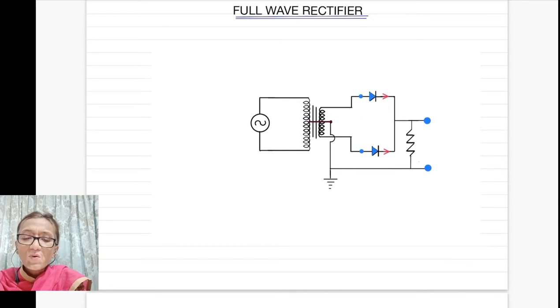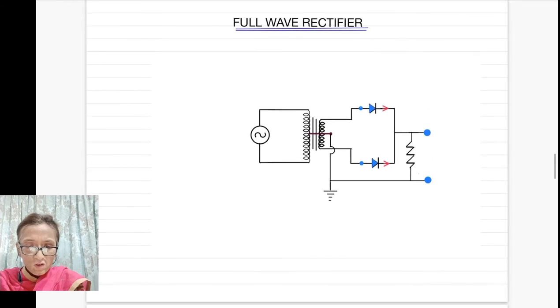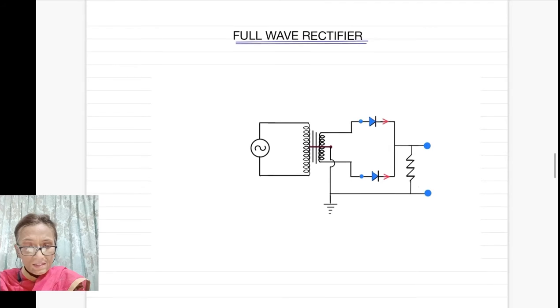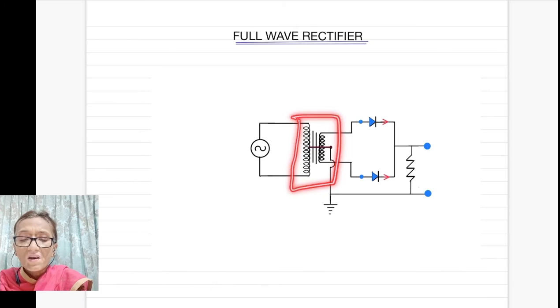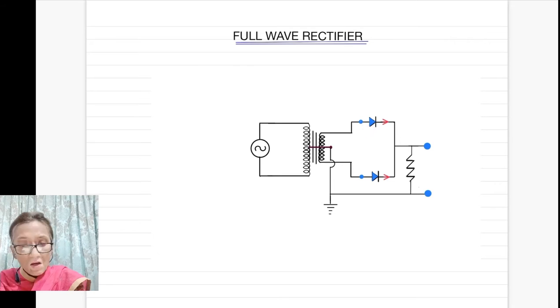And here you can see there is a certain change in the circuit diagram also. From the secondary of the transformer we connect two diodes, you can see, and then the N sides of the diodes are joined together.